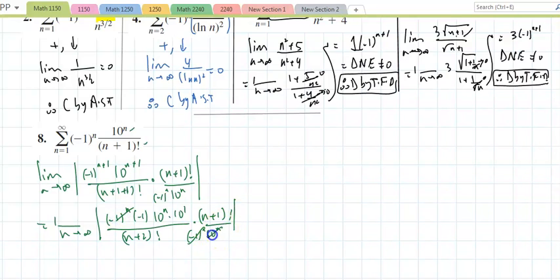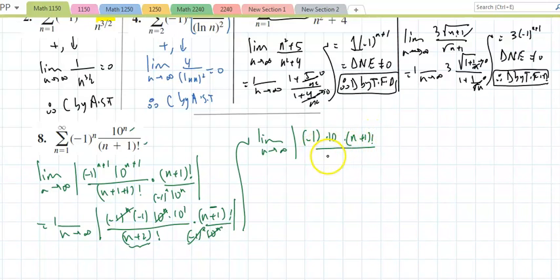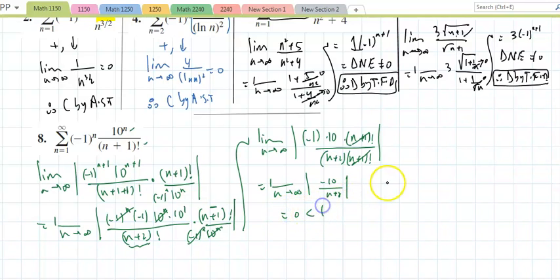Those cancel out, 10 to the n cancel out, and I do notice that this is bigger than that, so I start reducing. I can reduce the factorial. Once they match, I'll cancel that out. That's the limit as n approaches infinity of negative 10 over n plus 2, and that would equal 0, which is less than 1. Therefore, this series converges, absolutely convergent by the ratio test.